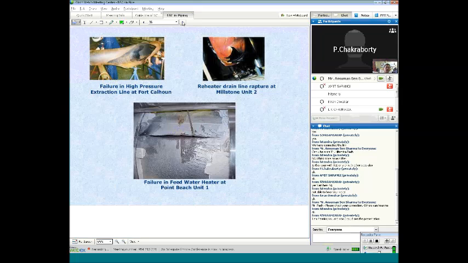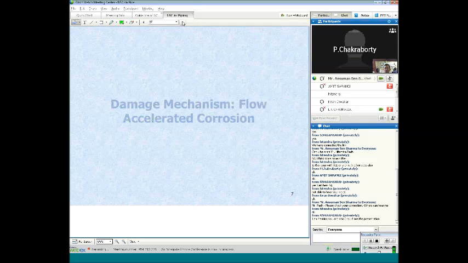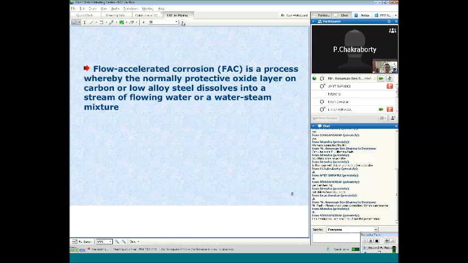Okay, so if I want to take a look at the damage mechanism of flow accelerated corrosion, first of all, what does EPRI say, the definition of this particular damage mechanism. It was understood as a process where the protective oxide, usually there with carbon steel piping, the magnetite layer, the protective oxide layer on carbon and low alloy steel where the chromium percentage is very low, gets dissolved into a stream of flowing water, or sometimes a water and steam mixture.